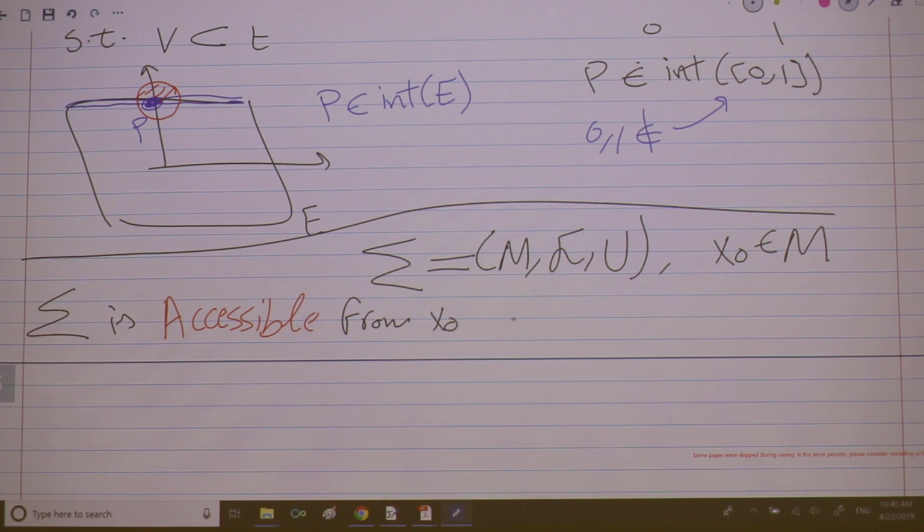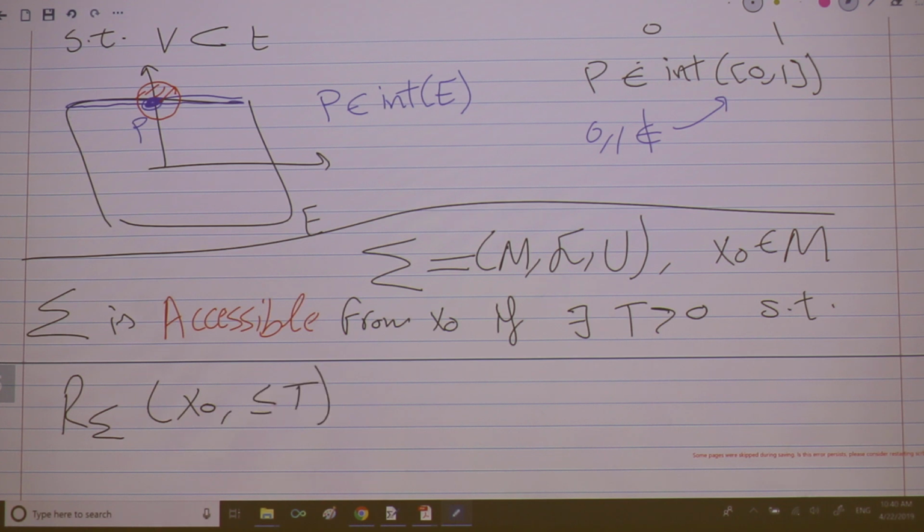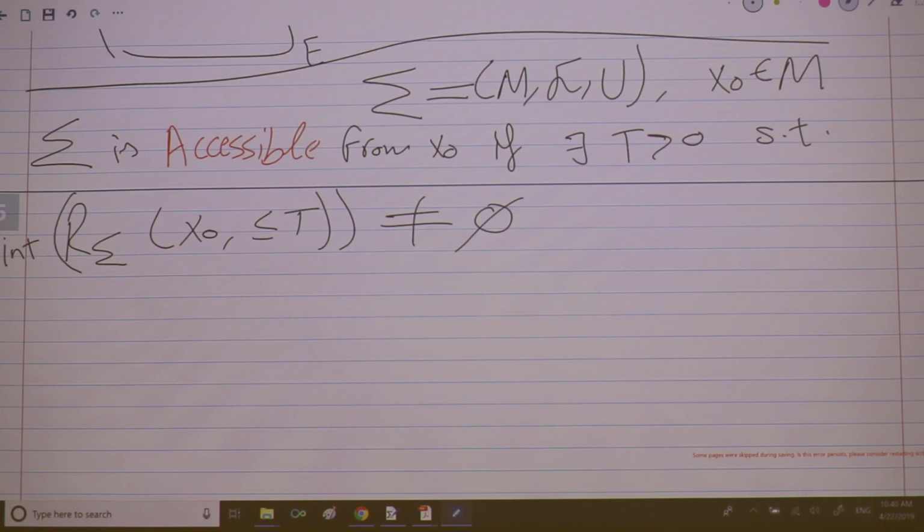Sigma is accessible from X naught if there exists some time t, if you wait a little bit, such that the reachable set from X naught at most time t has non-empty interior. So the interior of this set is non-empty. Okay. So this is one definition.